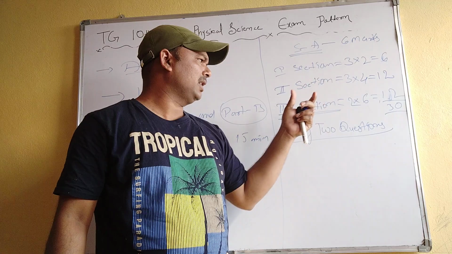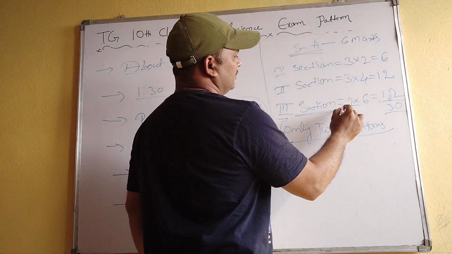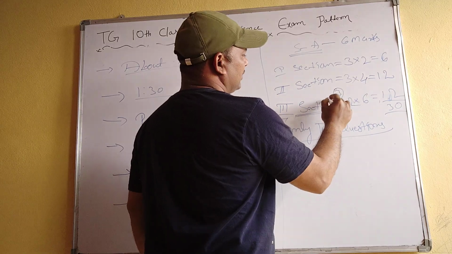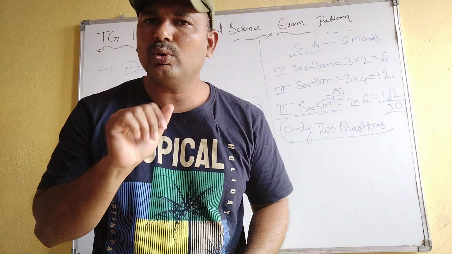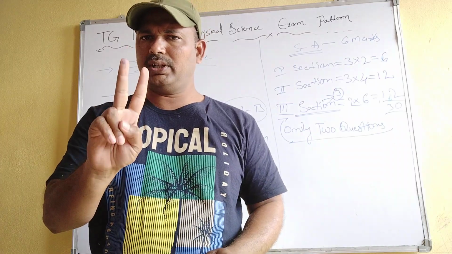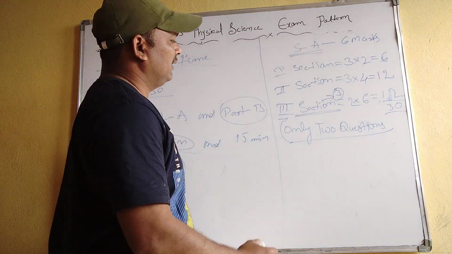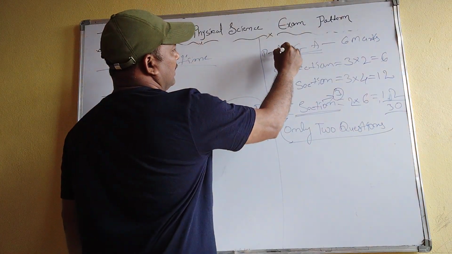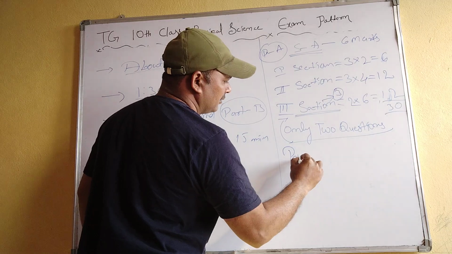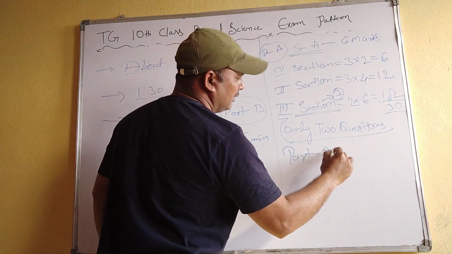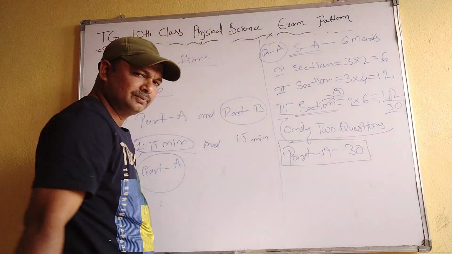Section 2, 12 marks. Section 3, 12 marks. They give 3 questions in section 3, but we have to attempt only 2 questions, beta. So part A is allotted 30 marks.